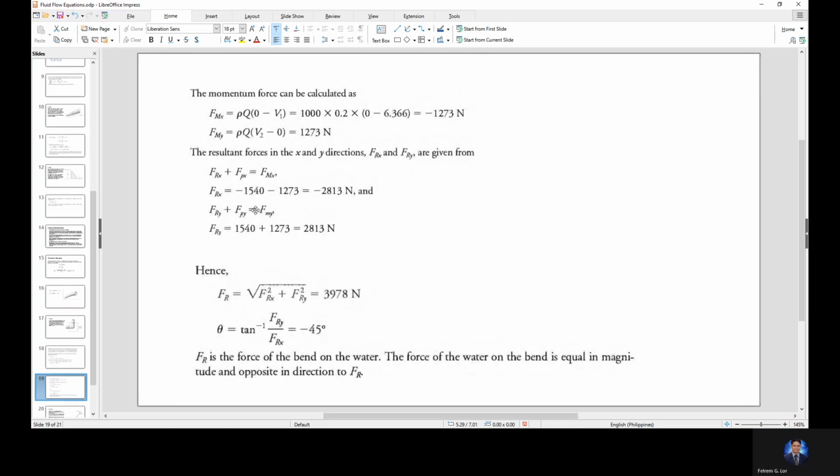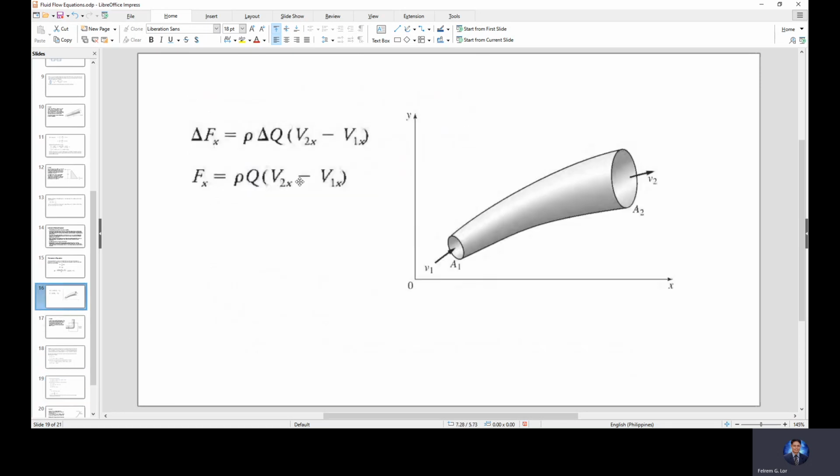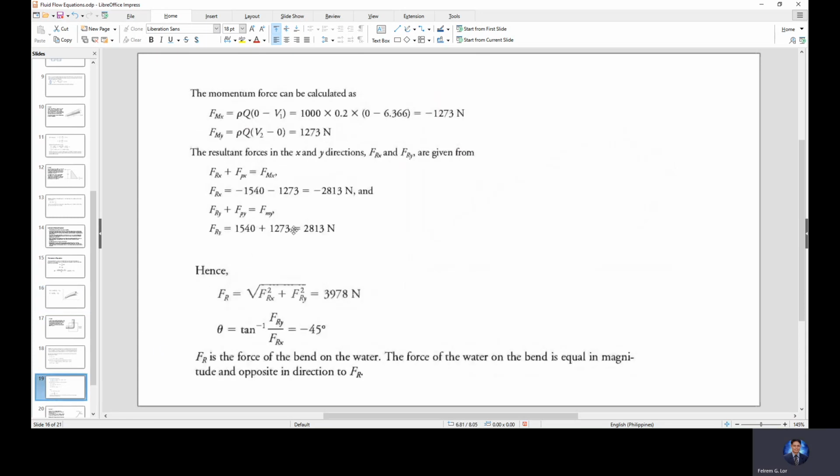So that's minus 1273. Why minus 6366? As I said, the velocity is positive but the equation is minus. If our velocity were negative, it would become plus, since minus negative. But since our velocity is positive, it becomes negative.